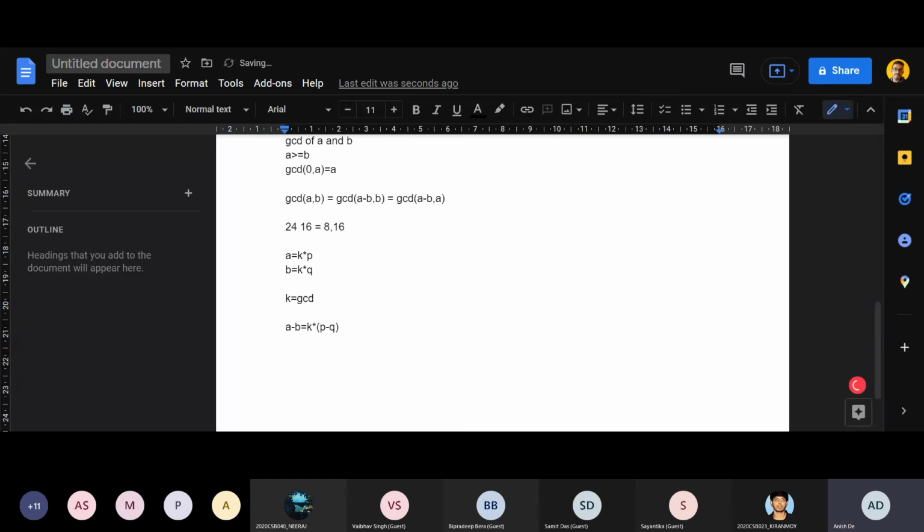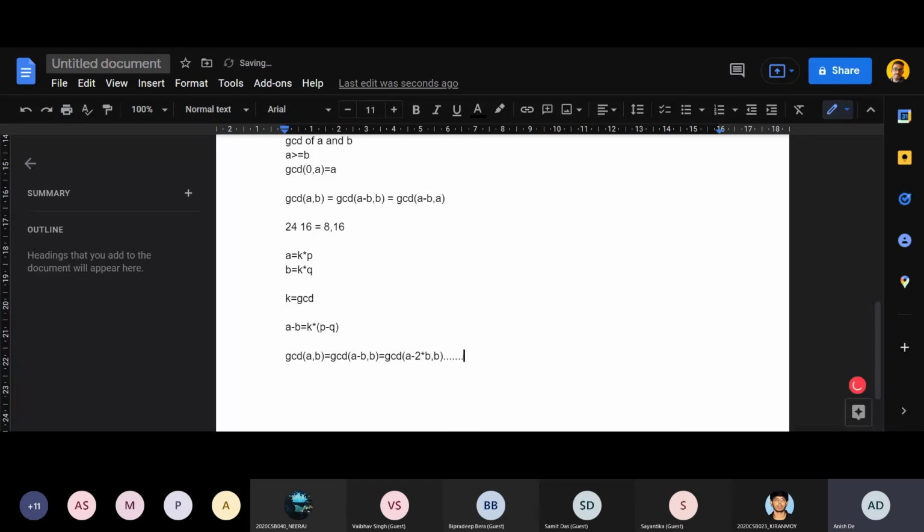Since we have got this formula or observation, we can build on this. If GCD of A comma B is equal to the GCD of A minus B comma B, it will also be equal to GCD of A minus 2 into B comma B, right?